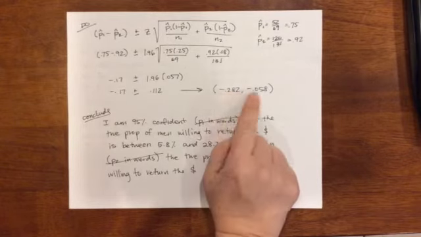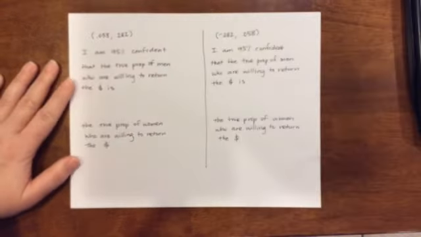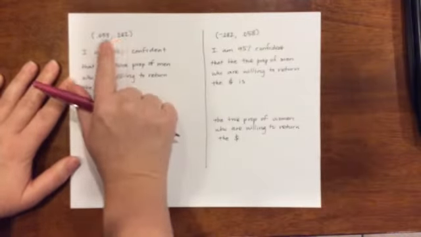Okay, well, what if we hadn't gotten 2 negatives? What if we had gotten 2 positives? What would that mean? So I've written it out just to save a little time.